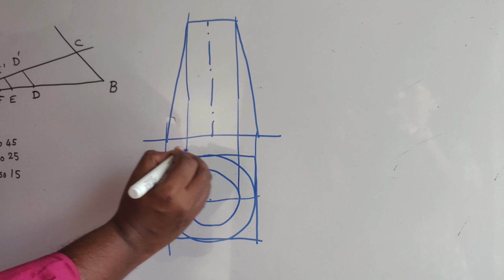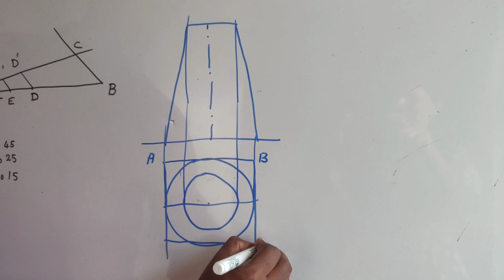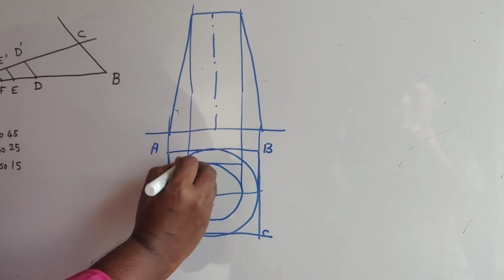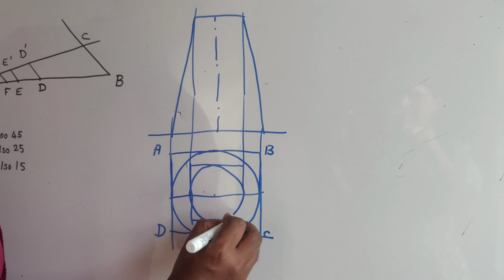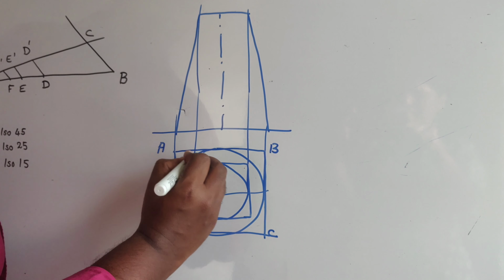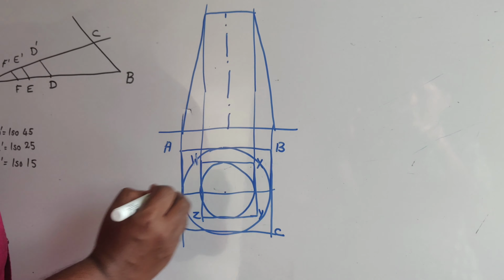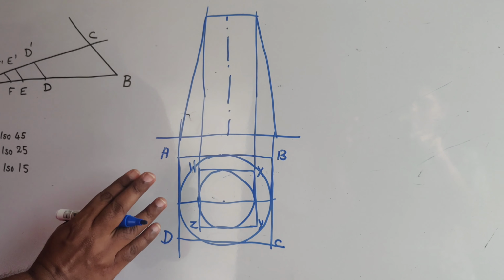So this is A, B, C and D. Similarly, one more base you have to take inside, that you can mark as W, X, Y and Z. Okay, these are the important points.